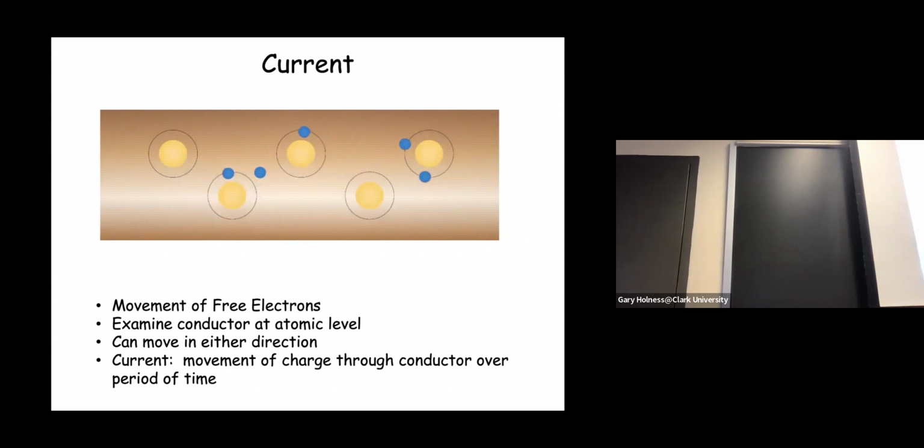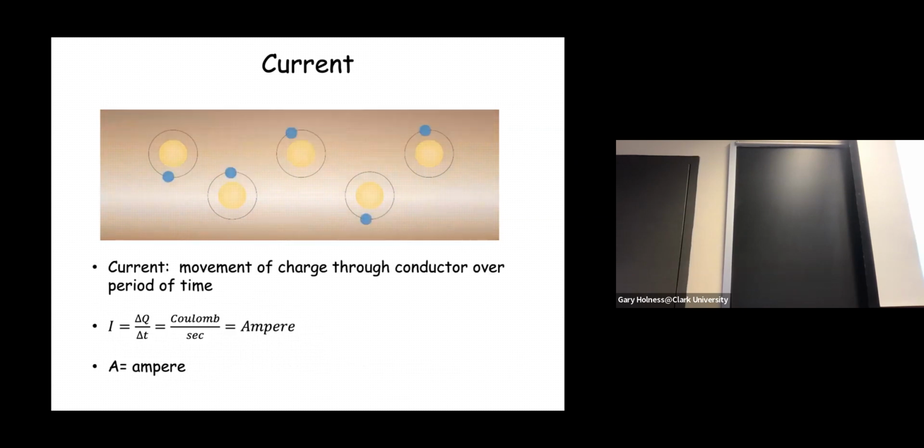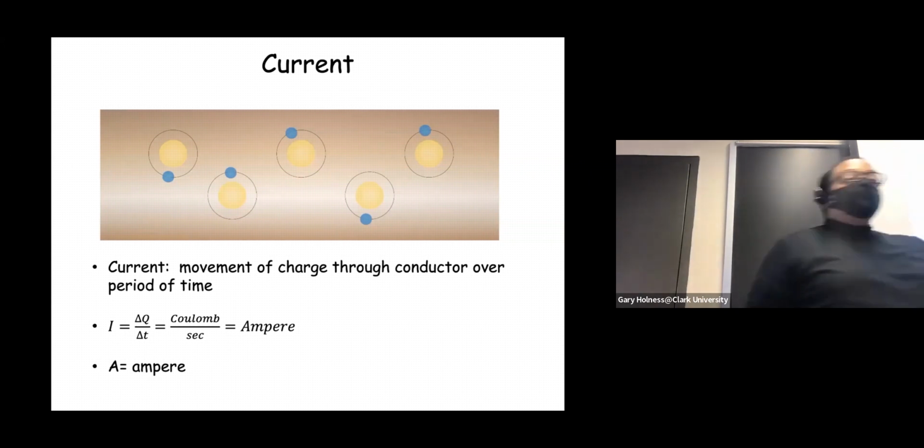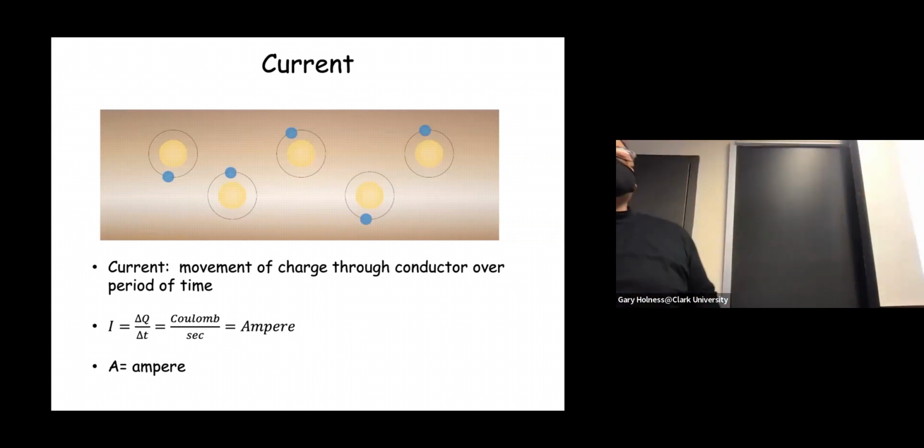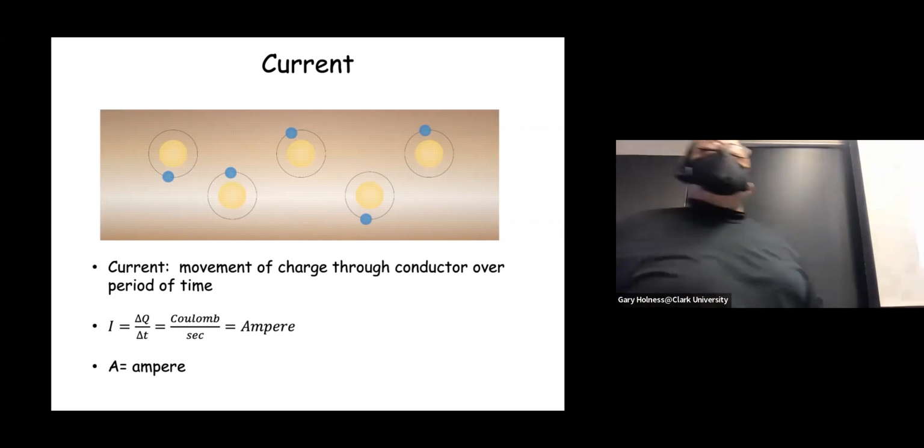And what we're calling current is the movement of this charge, these free electrons, as they go from valence from one atom to another and to another. And so current is the movement of charge through a conductor over a period of time. So what do you need? You need a change in charge measured as delta Q for coulombs, and delta T time, that's called an ampere or an amp, right?